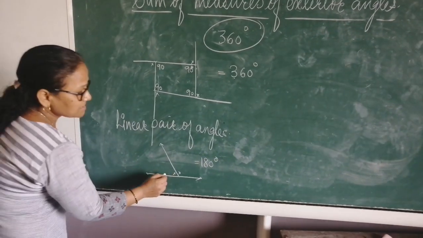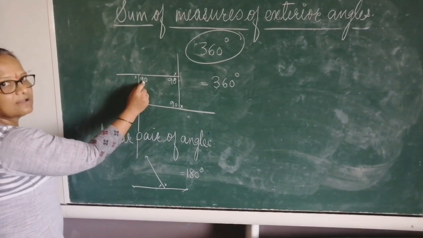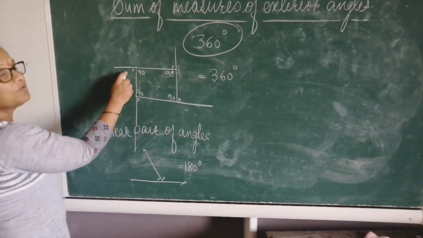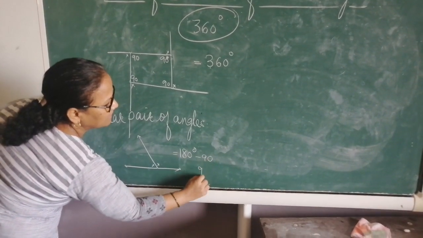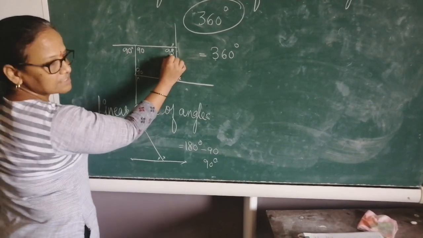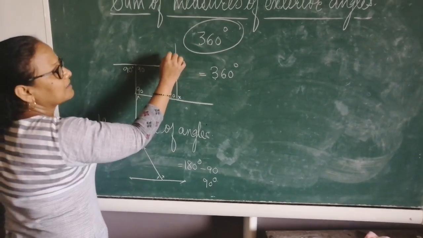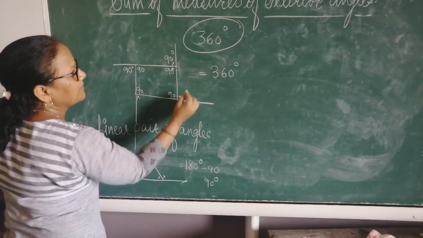If the sum of the linear pair of angles is 180 degrees and one angle is 90 degrees, what will be the other angle? 180 minus 90, that means 90 degrees. So this interior angle is 90 degrees, and the exterior angle, again a linear pair, is 90 degrees.